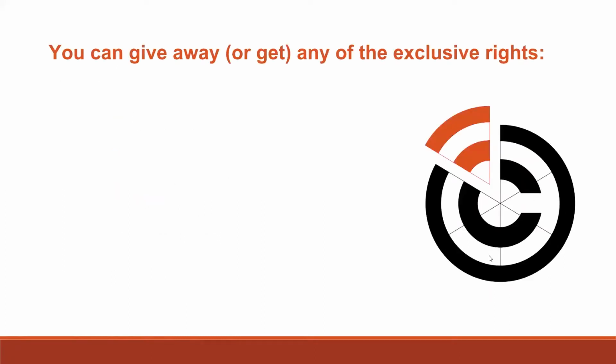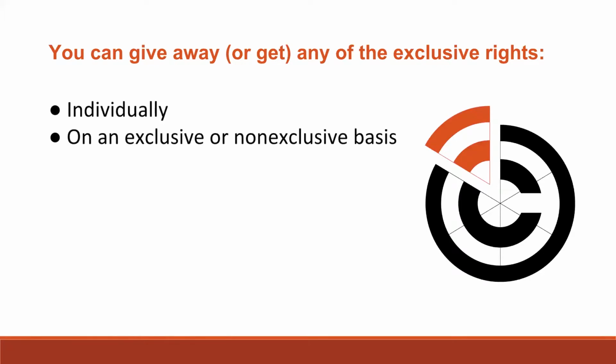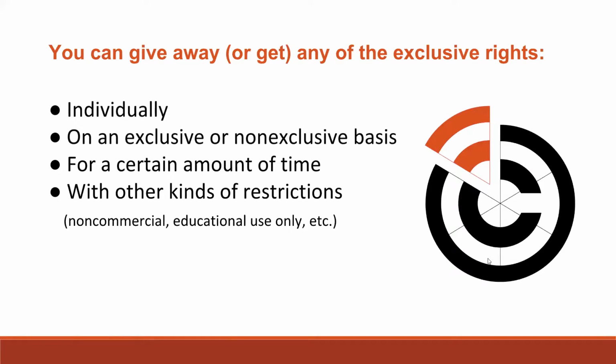However, as authors and users of media, you also have the option of giving away or getting one, some, or all of these copyrights, individually, on an exclusive or non-exclusive basis, for a certain amount of time, or with other kinds of restrictions such as only non-commercial or educational use.